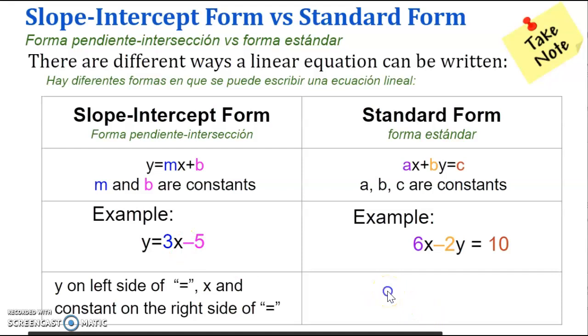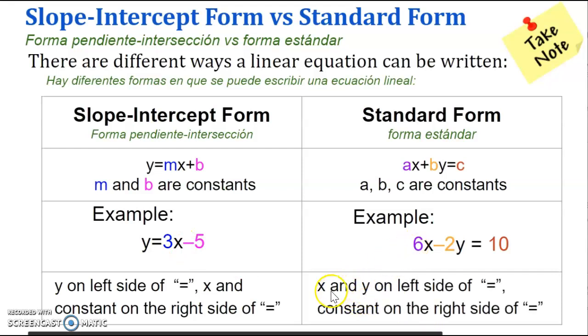As opposed to standard form, where the x term and the y term, something being multiplied to x as well as something being multiplied to variable y, are both on one side of the equal sign, and on the other side you just have a constant. Something else with the standard form is you're never going to see a fraction. It would always be a whole number, not a fraction.